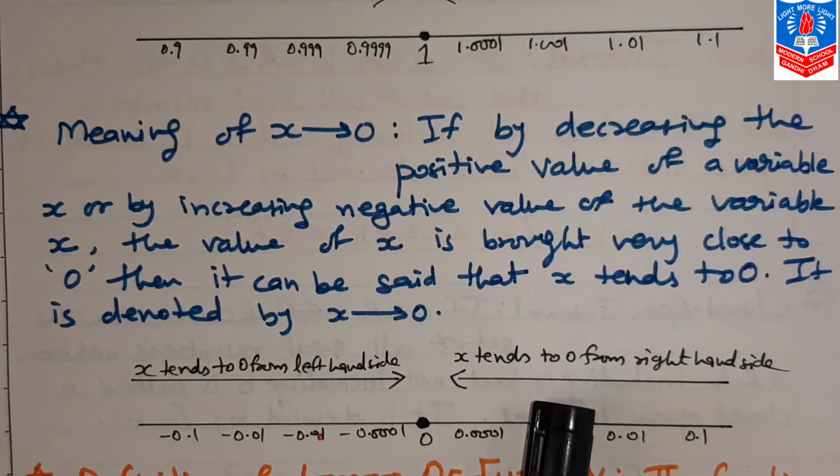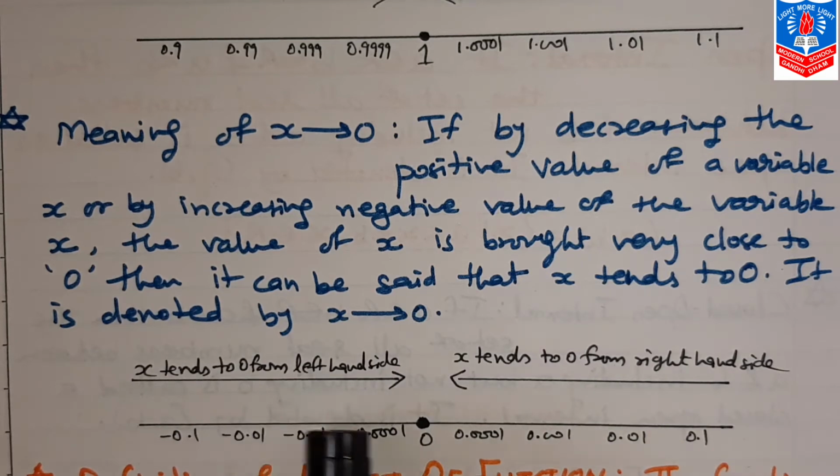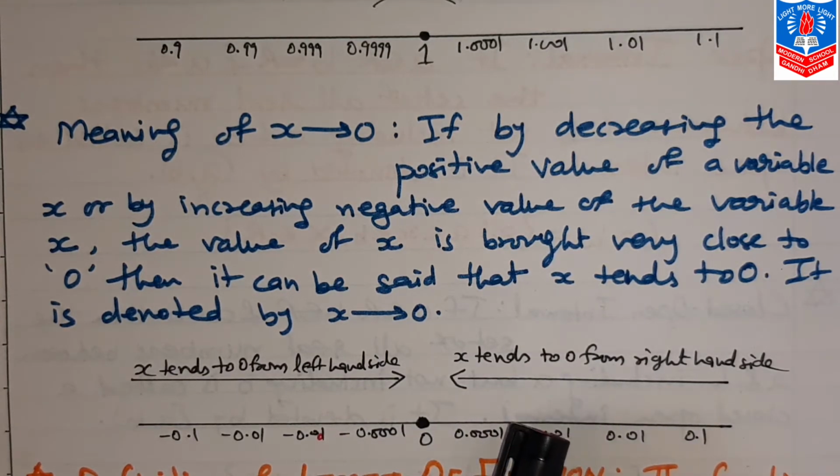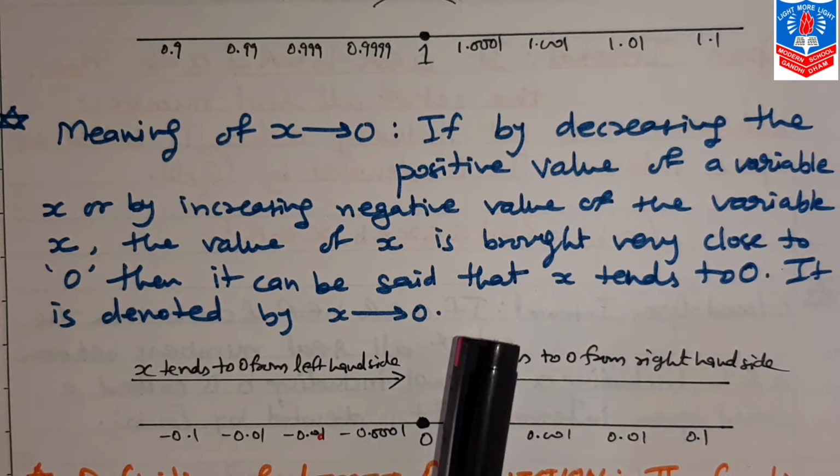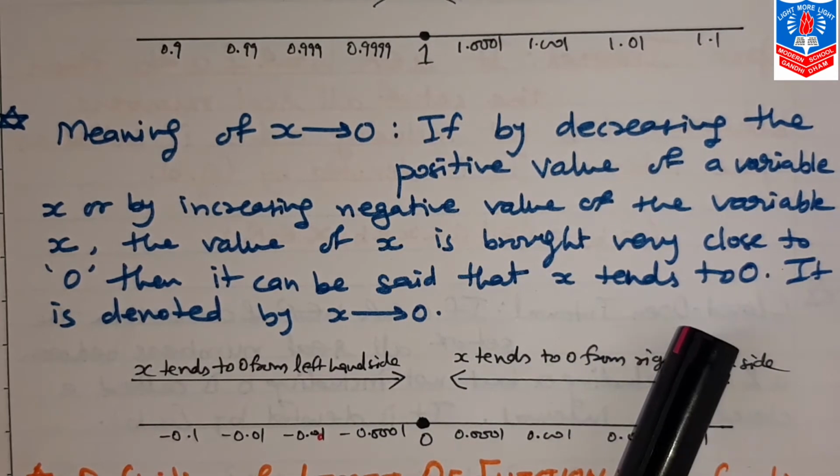Whether it is the left hand side with negative values, or the right hand side with positive values in increasing order, when it is brought very close to 0, then it is called x tends to 0.